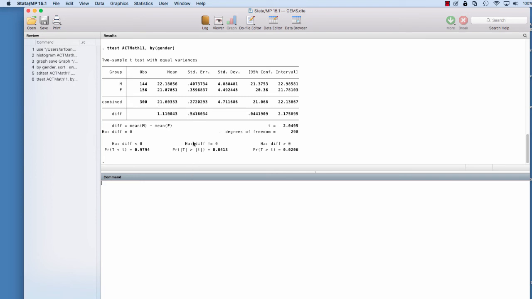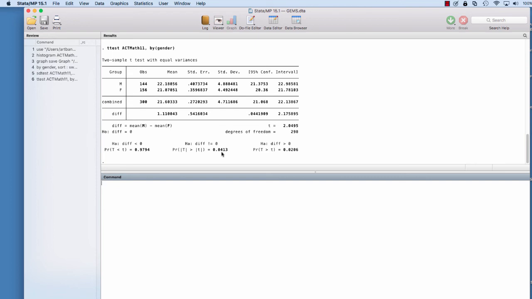Okay, again, because our research question that I implied was, do males and females differ on mean 11th grade ACT scores? In this case, again, we're going to use this middle region to read that. And what this tells us is the probability is 0.04. So this is below 0.05.